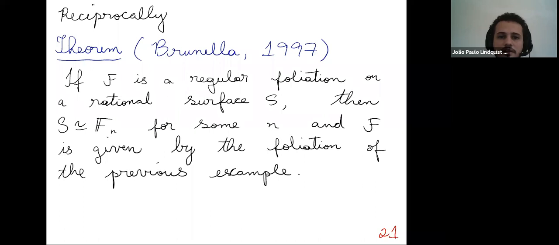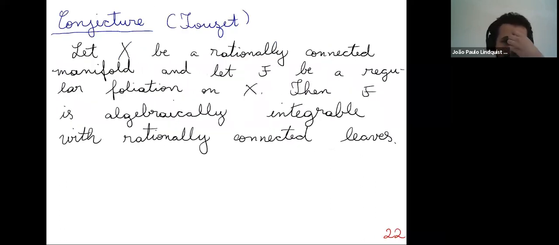So I take the conjecture made by Frédéric Touzet: if X is a rationally connected manifold, where rationally connected is the generalization of rational, we could take rational as the generalization of rational surface.